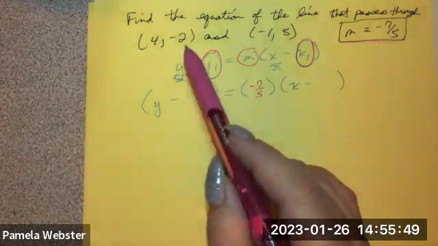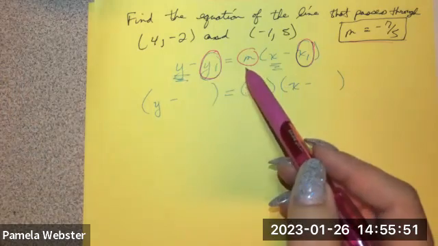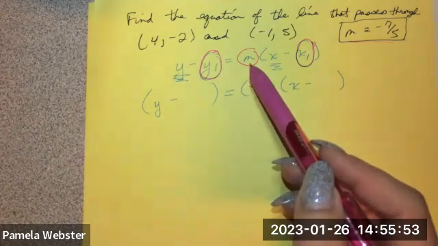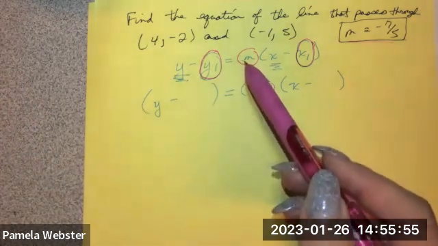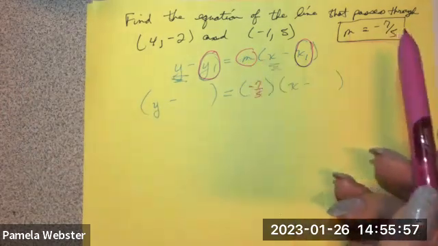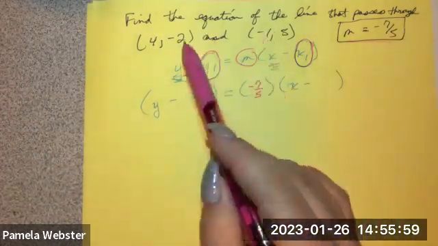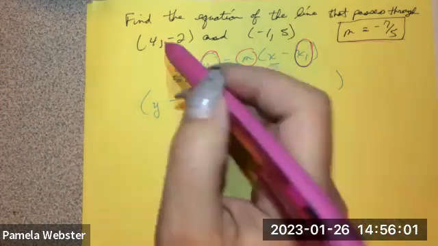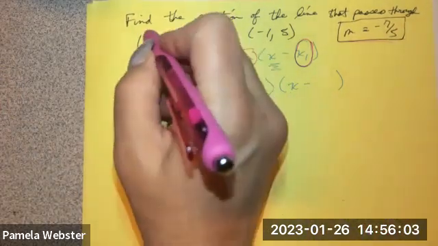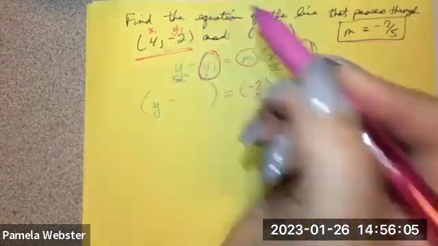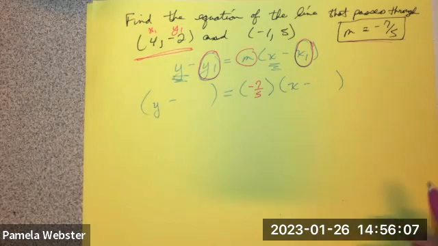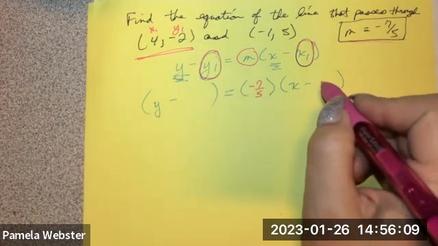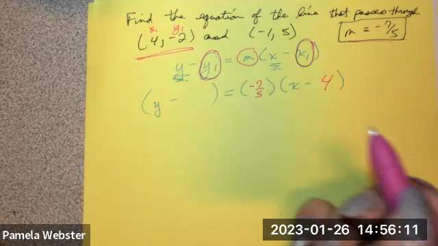Sometimes we can look and go, oh, one has a negative, one doesn't, and I can choose the one that has or doesn't have the negative, depending on how you want to work on it. It just doesn't matter, because both of these have negatives, so I'm going to pick this first one as my x1 and my y1. The x1 goes with the x, so it's a 4 back here.